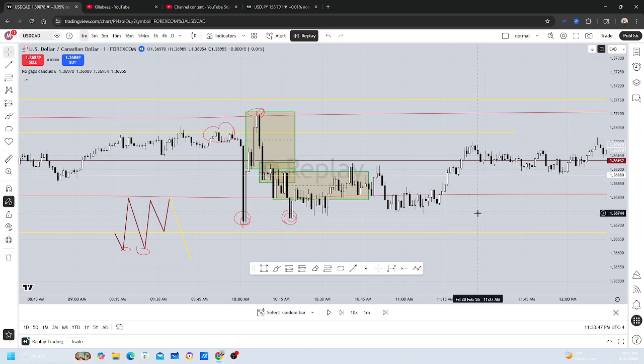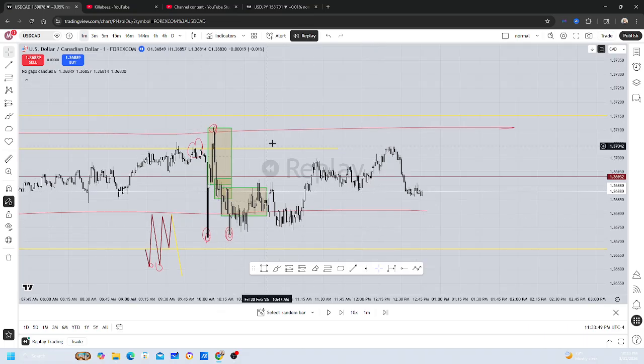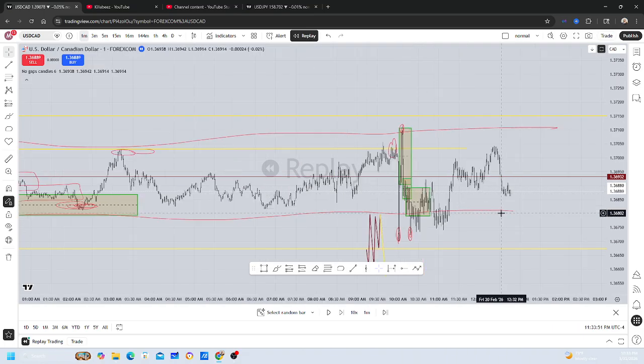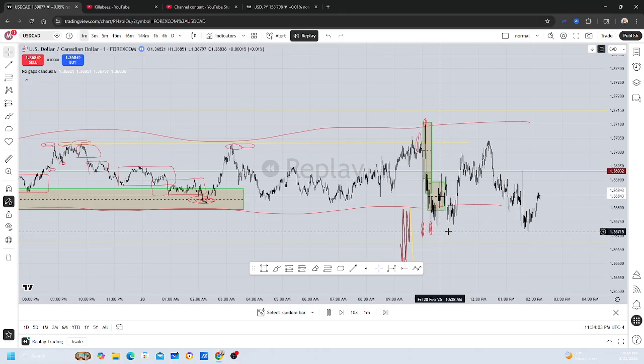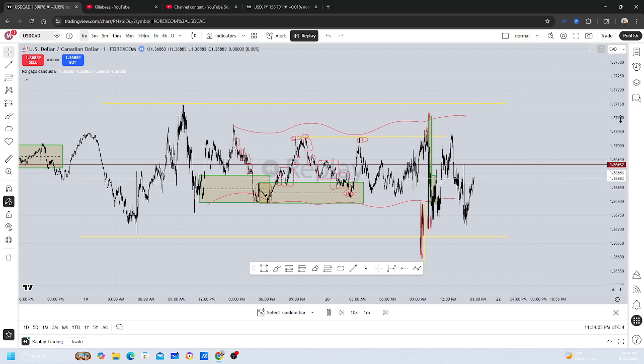So anyway, it trades up, and we like, yeah, you're going to shoot up to the top of the world, and it does not. It actually gives you an equal high up here, and then it doesn't really give you anything, right?